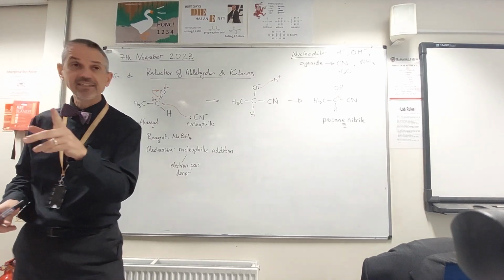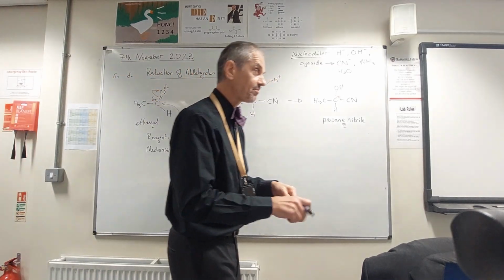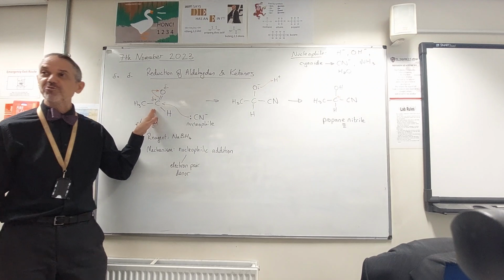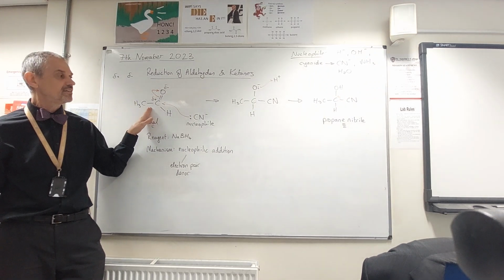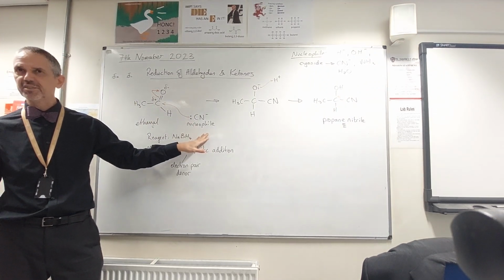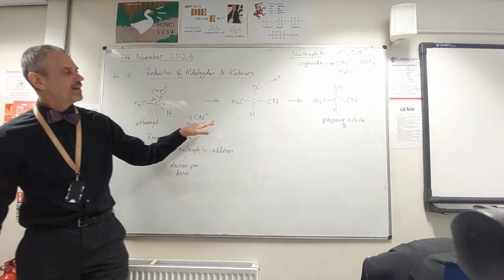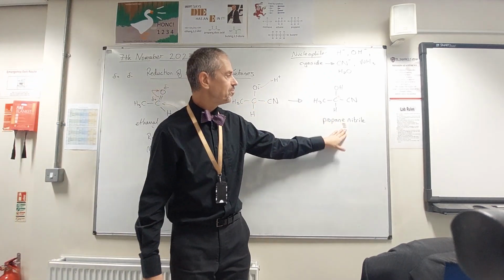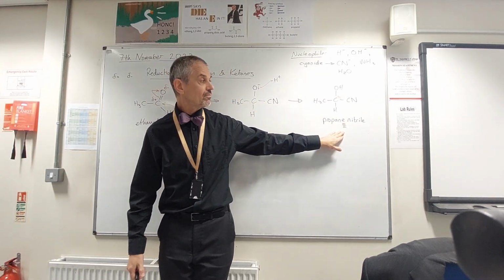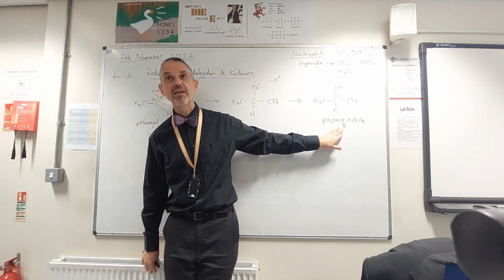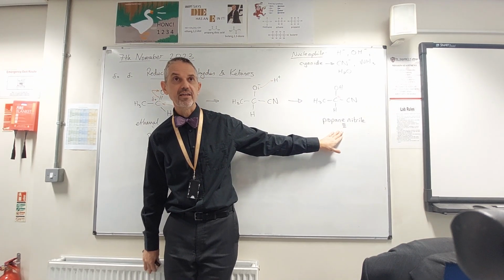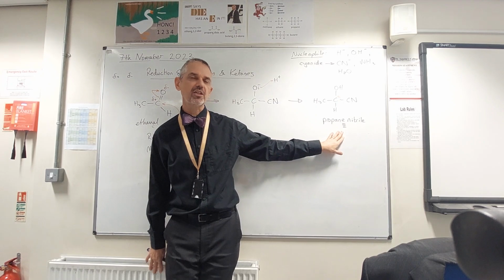Or does it? Because if I do this reaction, if I take some ethanal and I boil it up with potassium cyanide for a bit and get to the end, and then I test the hydroxynitrile that I've made, it shows no optical isomerism.